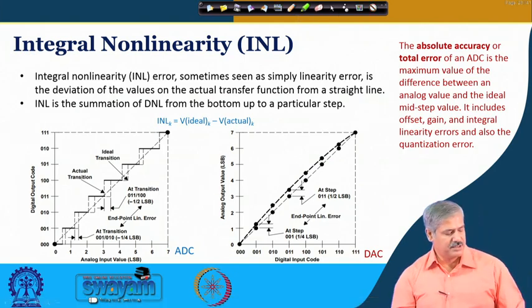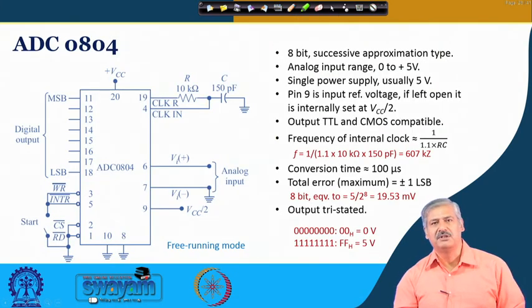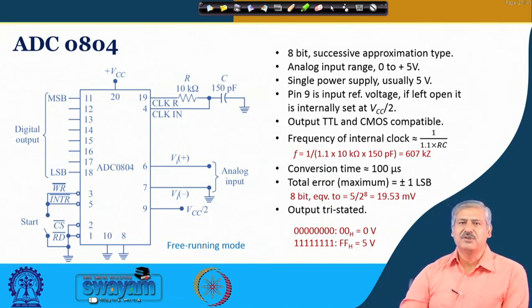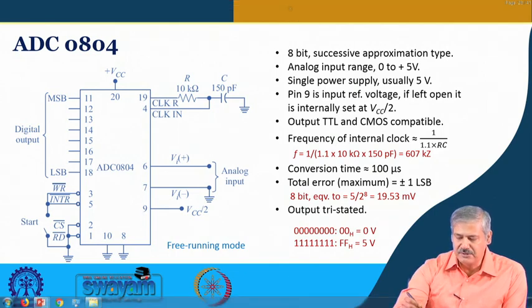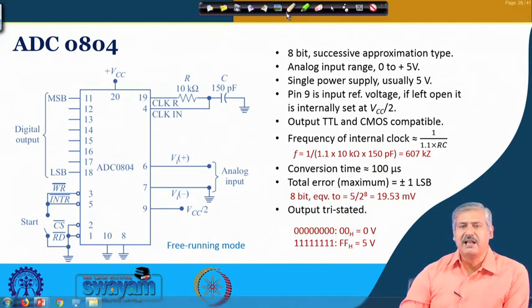Now we look at one particular ADC, because we have not discussed any ADC circuit IC example in the previous classes. So we take this opportunity to introduce ourselves to ADC 0804. This ADC 0804 is popular, often used in the lab.